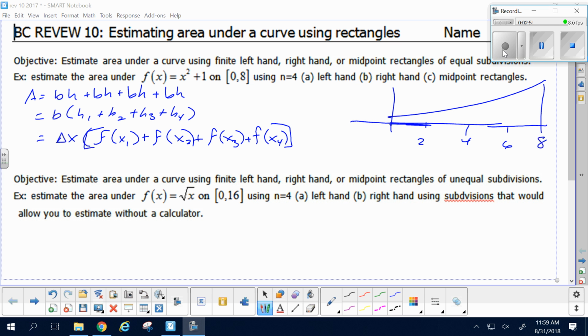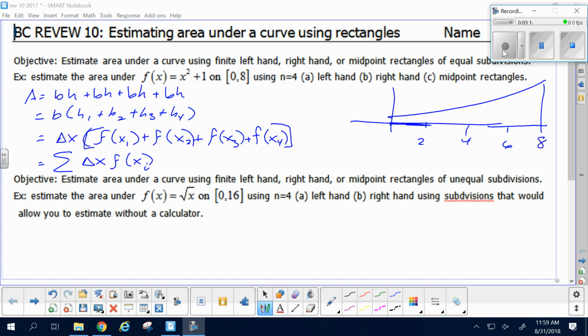So when we go to estimate area under a curve, it's typically something like a sum of bases, which are horizontal delta x's, and heights, which are f of x's at different points. I'll represent my counter width.